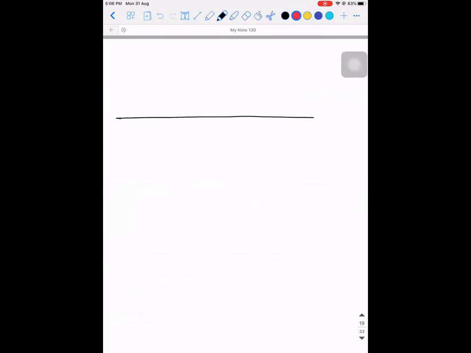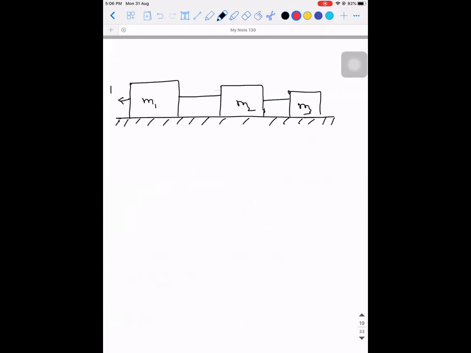Now I'm giving you another problem. Let's say there are three blocks, M1, M2 and M3, which are connected with the help of a string. Let's say I'm applying a force F to pull the whole system.